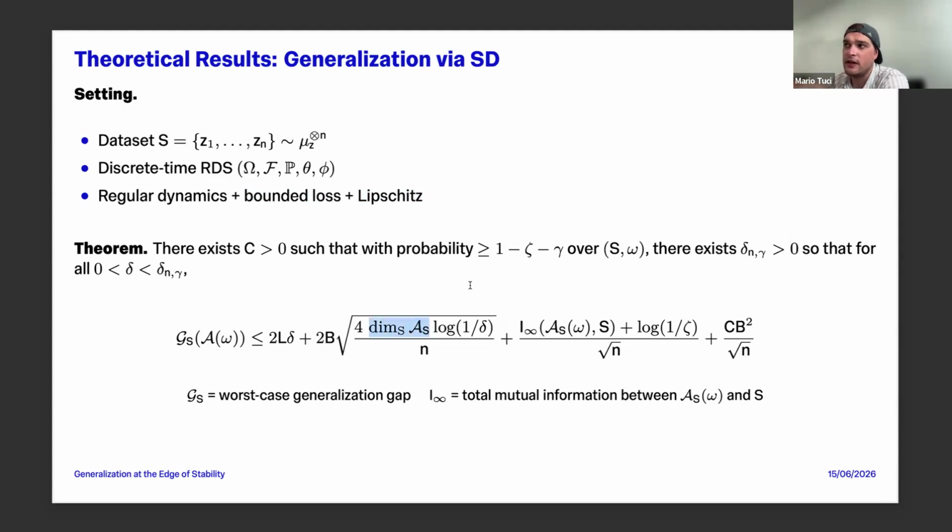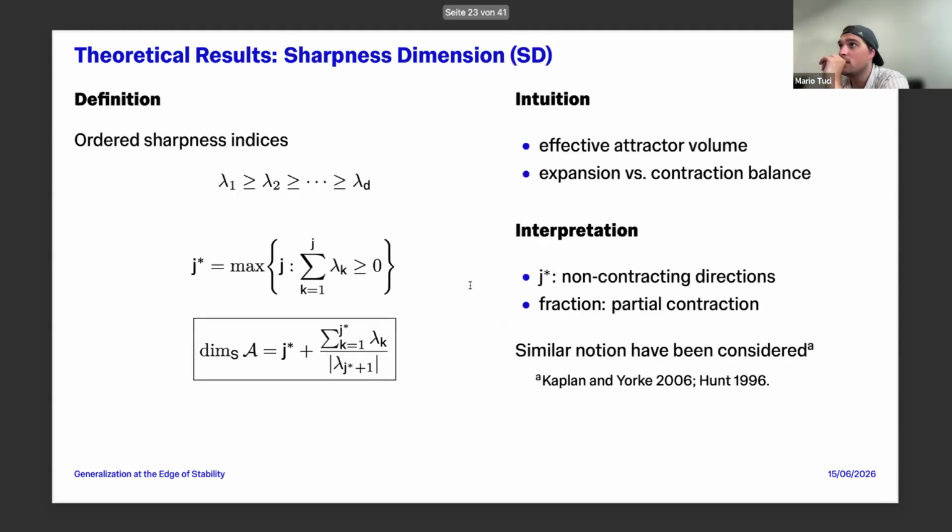The interesting thing is, such results could also be obtained, for instance, with the Minkowski dimension, and we believe that fractal dimensions are lower than just the parameter count. But in this case, we really know, when we go back to the definition and we are at the edge of stability, that edge of stability per se says only one thing about the largest eigenvalue: lambda 1 is bigger than 0.